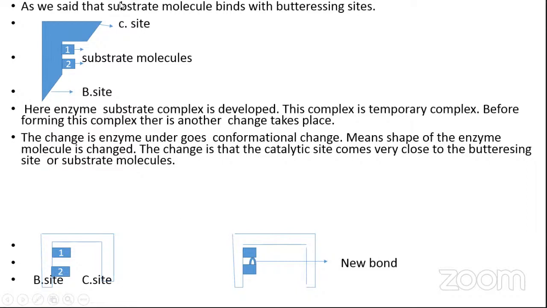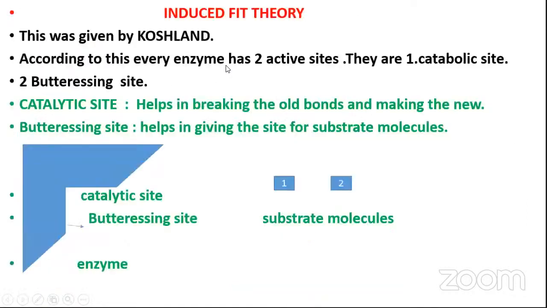So, according to the induced fit theory, the substrate molecules are induced or introduced to this buttressing site; the substrate molecules come and attach with the buttressing site to undergo the chemical reaction. And the use of the catalytic site is that, by showing the conformational change, it helps in creating a new bond between the substrate molecules.